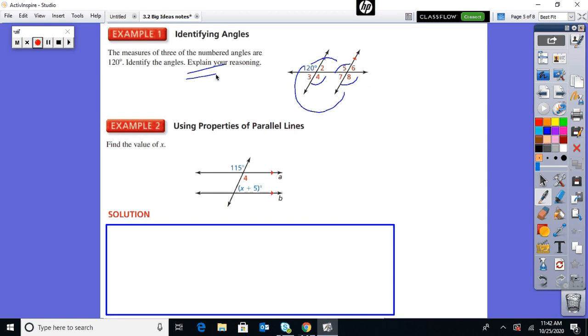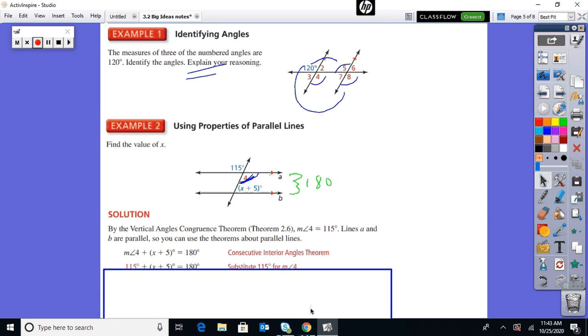Now in example 2, they bring in some variables, and so you have to set an equation up and solve it. So I'm finding the value of x here. I have a 115, so there will be a 115 there also. And you know that consecutive interior have to add up to 180, so they're going to be supplementary.